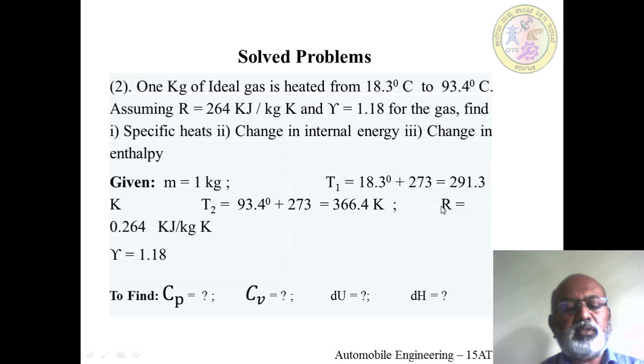R is given as 0.264 kilojoules per kg Kelvin, and gamma is 1.18. He has asked us to find Cp, Cv, dU and dH, the enthalpy change.